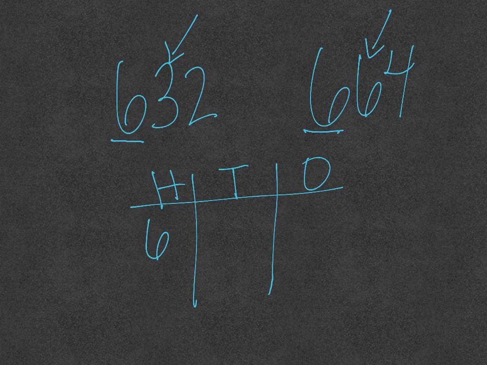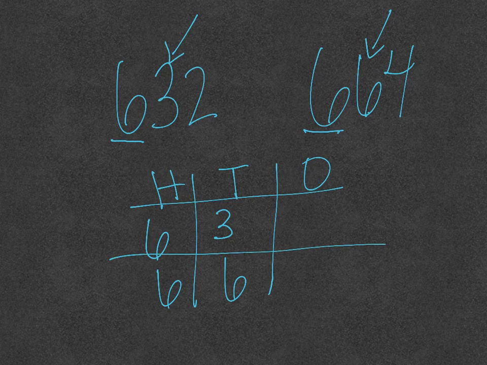Now in this first number, 632, I have a 3 in the tens place. So we know that that 3 is really a value of 30 because it's 3 tens. And in the second number, I have a 6 in the tens place, so that's really worth 60. 6 tens is 60.